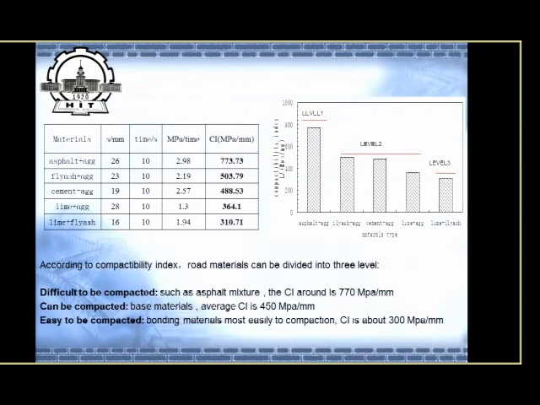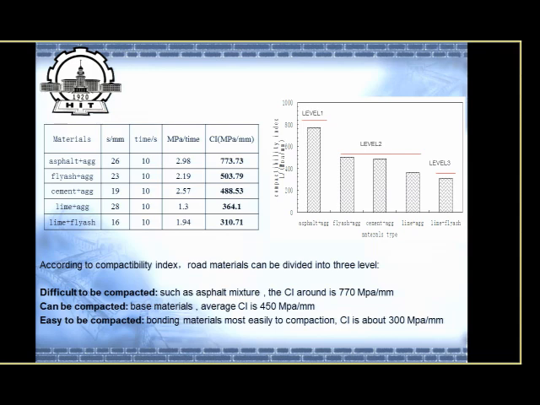This is the result of CI. We can find the road material compactability can be divided into 3 levels. One is difficult to compact, such as the asphalt mixture. The CI is around 770.